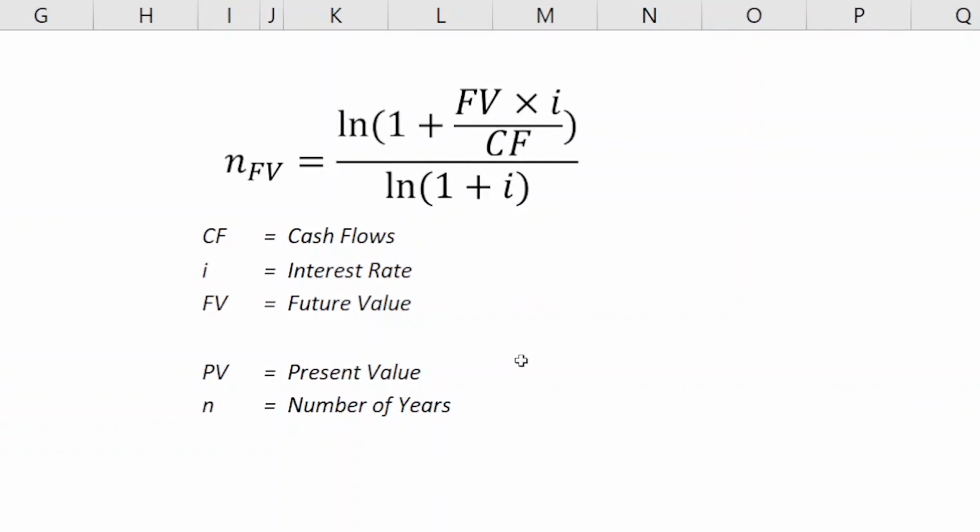The formula that we can use is a little bit different. N is equal to log of 1 plus future value into I divided by cash flow, divided by log of 1 plus I. FV is the future value, CF is the cash flows, I is the interest rate, and N is the number of years that we are going to compute.